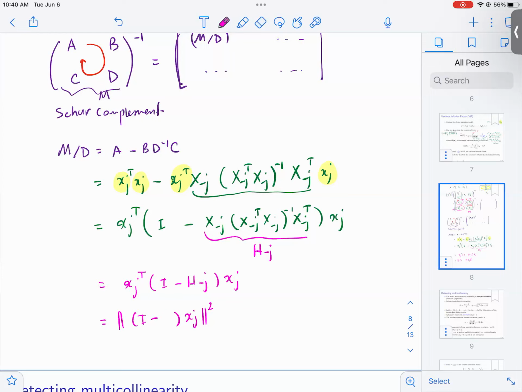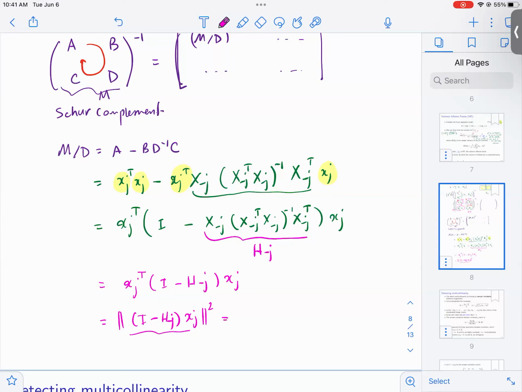So what is this quantity? I minus H times xj here plays the role of y. So this is the residual vector in regressing xj onto the rest of the columns. Okay, that's the formula for the residual.